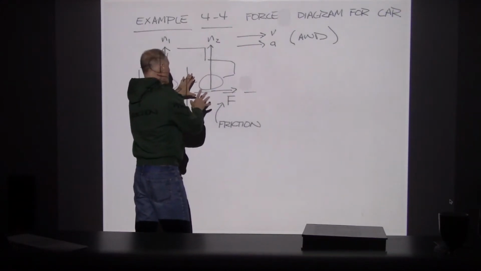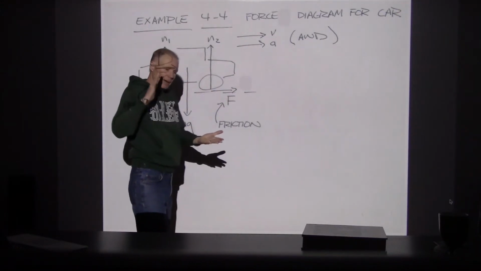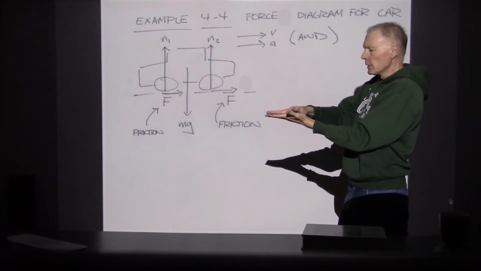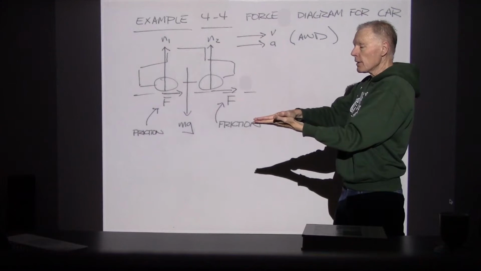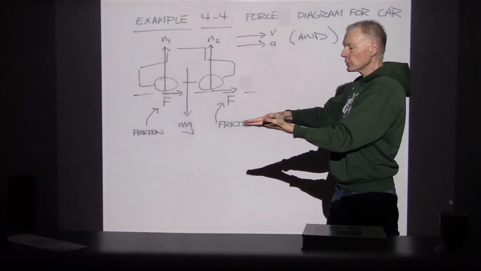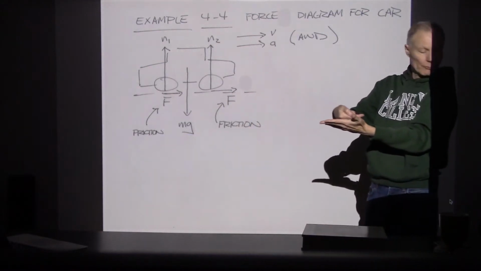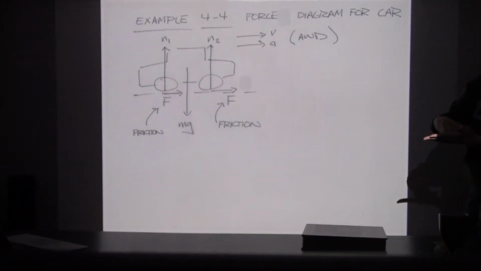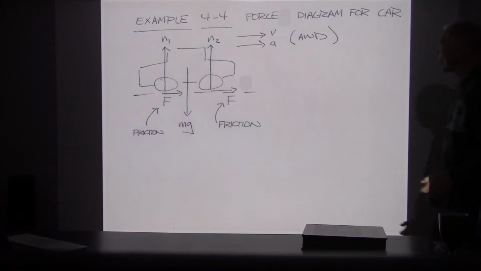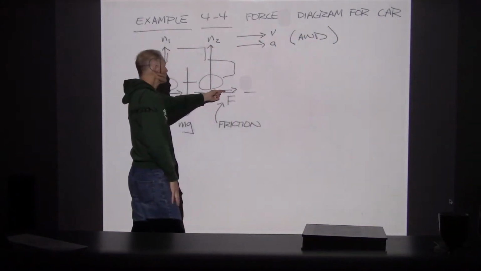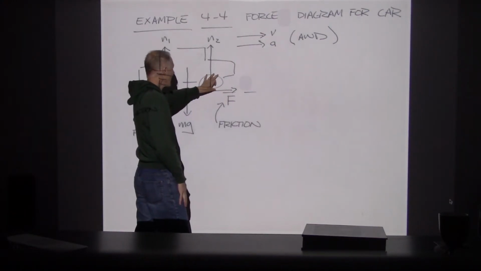Now, that's not the only force that gets set up. If I've got the tire coming into contact with the pavement, and it's not going to slide, then a force of friction of the tire pushing back on the pavement will create a force in the opposite direction. So that's what we're counting on, this force from the friction along the pavement to push the tire forward.